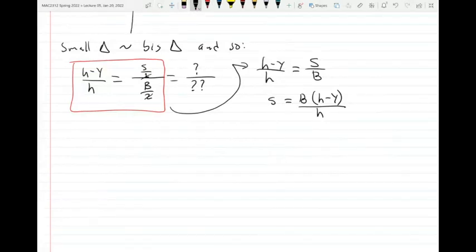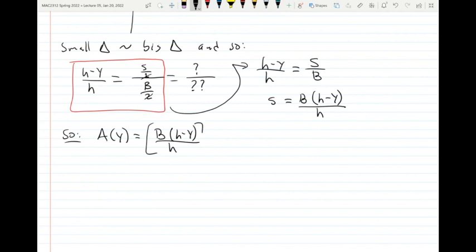So A of y equals b times h minus y over h, squared, right? That's s squared. So that would be b squared over h squared times h minus y squared. I'm going to be integrating this formula.